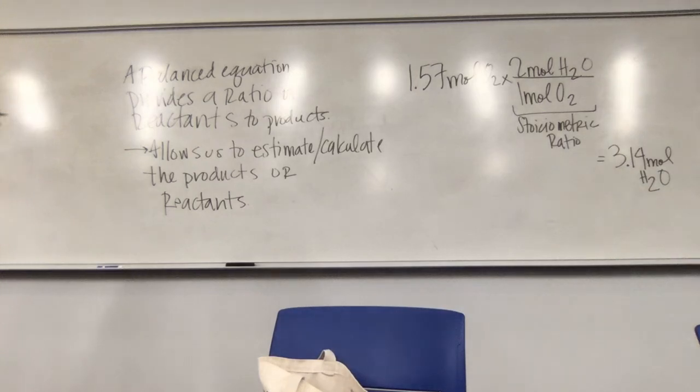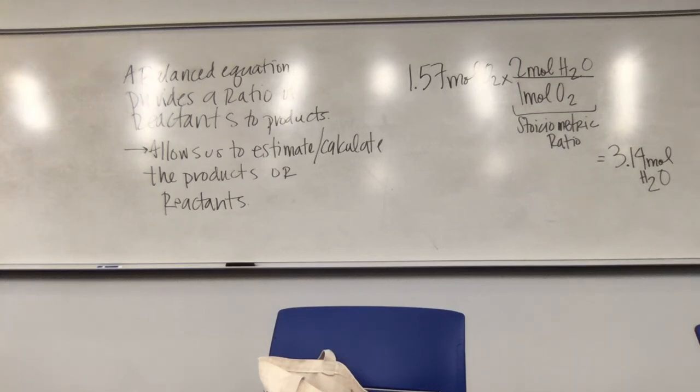What questions do we have about doing this calculation using the stoichiometric ratio? Yeah. So I know Alex was saying about the Avogadro number. Is this the same as that, or is that completely different?